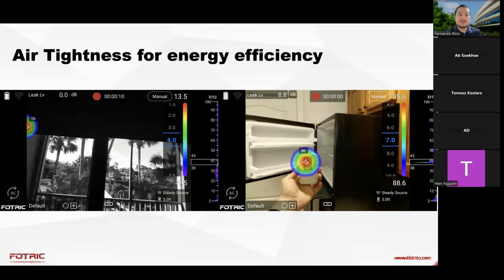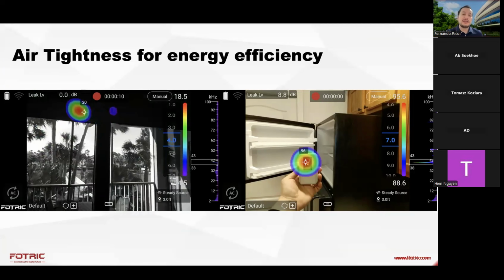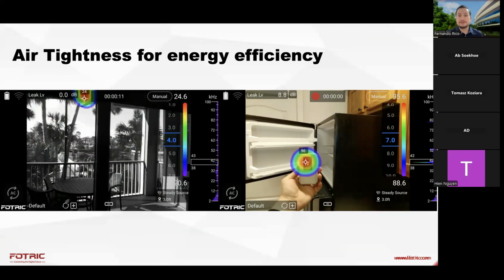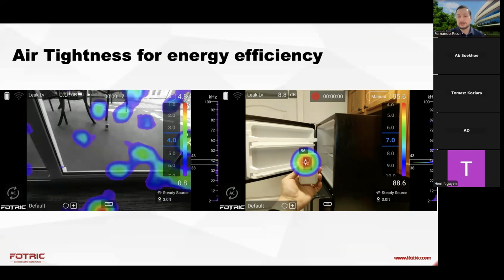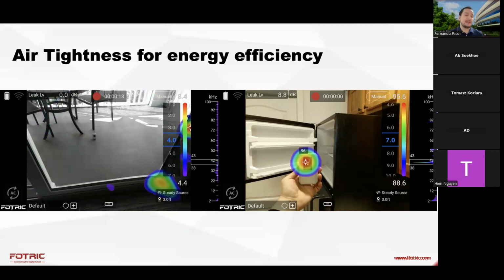And what people in the industry say is if sound can come in, air will as well. If you live in an environment with extreme temperatures during winter, all your heating energy is being wasted by places where air is getting out.